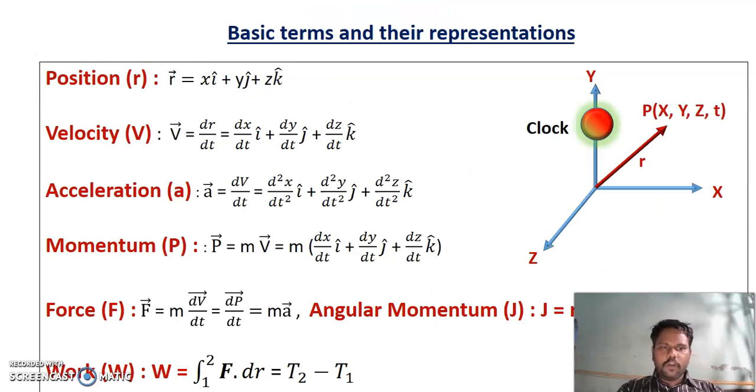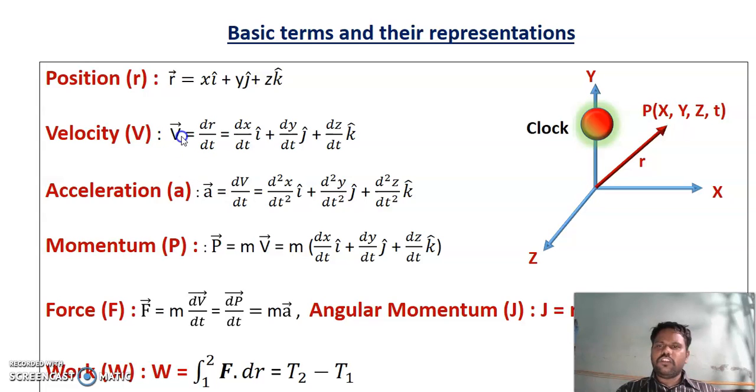The motion of an object along its path as a function of time is understood by a position vector. The position vector r is given by r is equal to x i cap plus y j cap plus z k cap. The differentiation of position vector with respect to time is known as velocity.